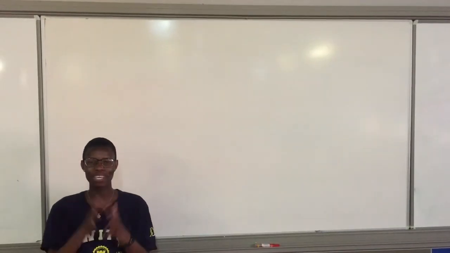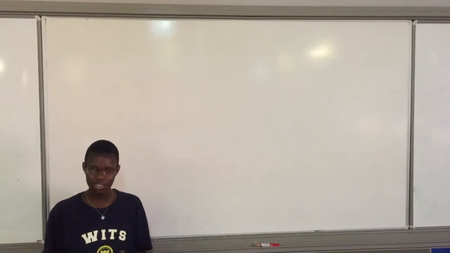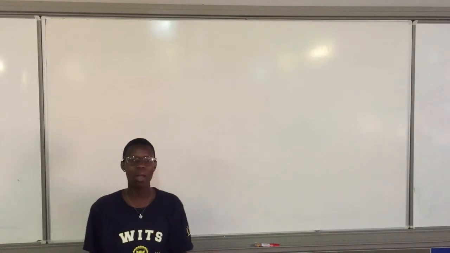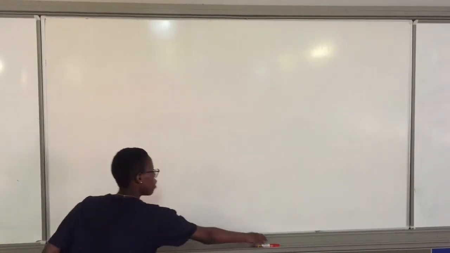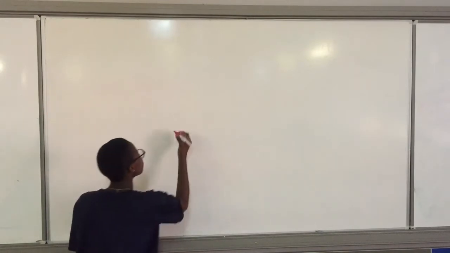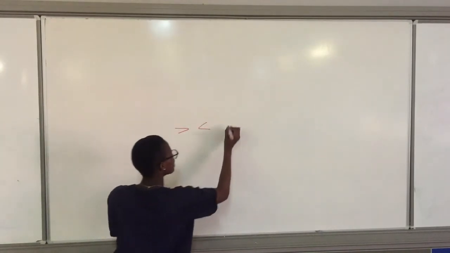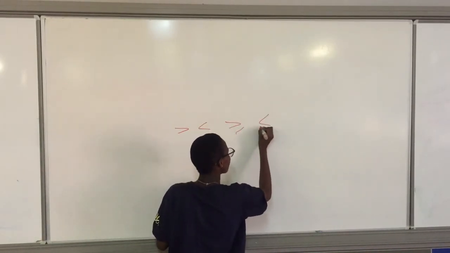Let's cover the last topic under algebra, which is inequalities. Inequality, how can you define an inequality? An inequality is an expression whereby two values are compared by an inequality sign. What do we mean by inequality sign? We have strictly greater than, strictly less than, greater or equal to, less or equal to.